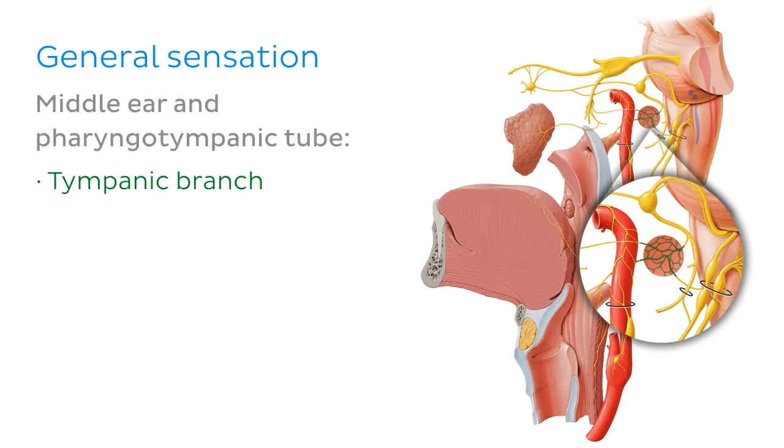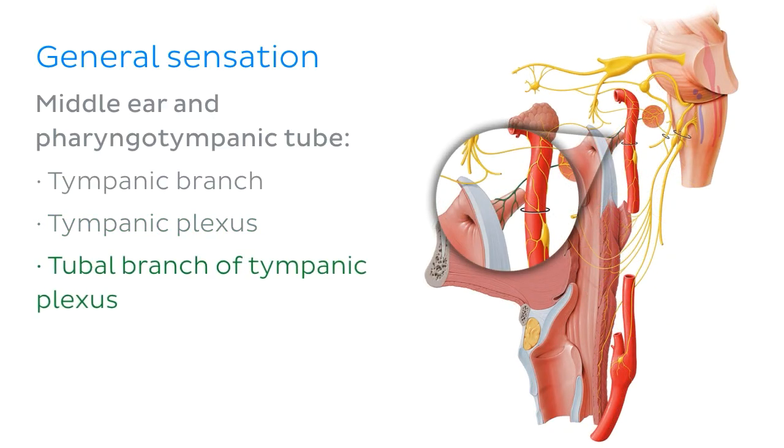As part of that, in the middle ear, the tympanic branch ramifies on the tympanic membrane to form the tympanic plexus, which happens to be this structure that you see now highlighted on the screen. The tubal branch also joins the tympanic plexus, bringing with it sensory information from the pharyngotympanic tube, which is the tube that connects the nasopharynx and the middle ear.